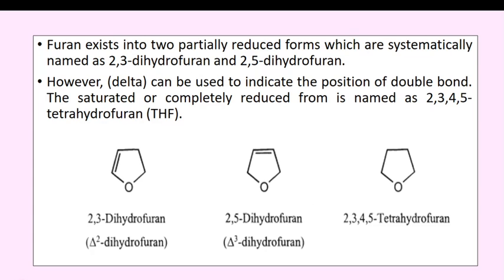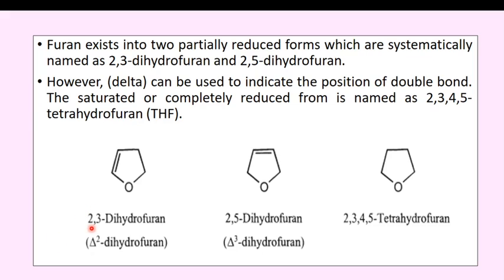Then furan exists in two partially reduced forms, which are systematically named as 2,3-dihydrofuran and 2,5-dihydrofuran. However, delta can be used to indicate the position of double bonds. The saturated or completely reduced form is named as 2,3,4,5-tetrahydrofuran.